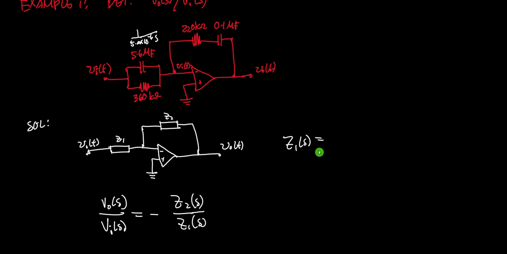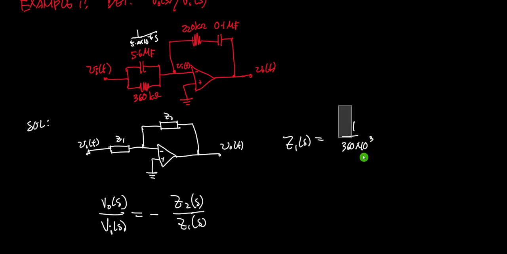So for our Z1, if we take the parallel combination, we can just take the admittance of the two. 1 over Z1, then we just need to add the admittance of these two. So this will be 1 over 360 times 10 to the 3.